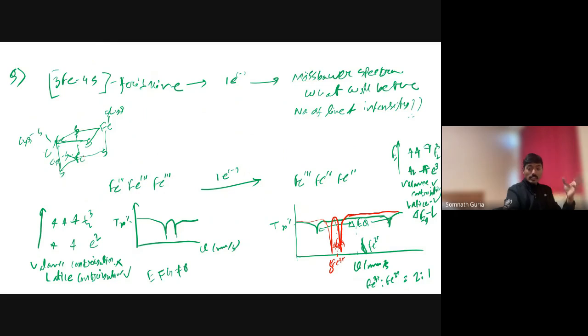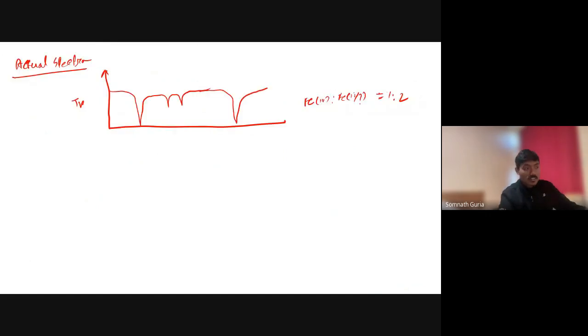There is an antiferromagnetic coupling happening over there, and one of the irons becomes iron 3, and the rest of the two irons become iron 2.5, and we'll get an average value. So is this actually iron 2? No, in the Mossbauer it is showing iron 3 is there.